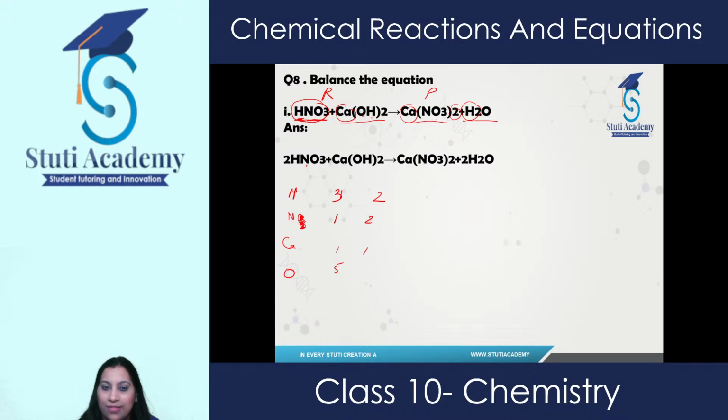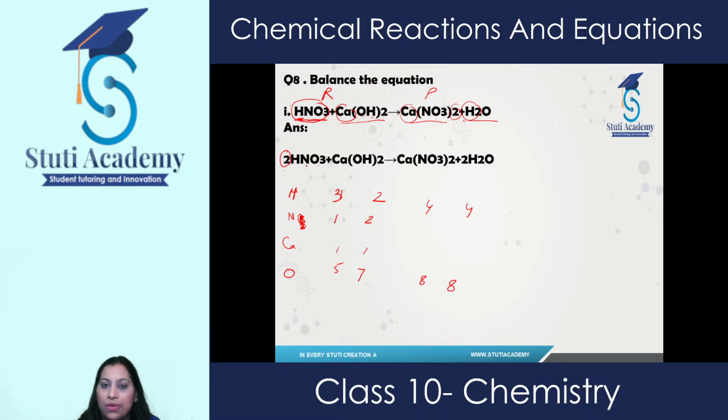Okay. So now how to balance it? If I write 2 here, it becomes 2 3s are 6, 7, 8. 3 2s are 6, 7, 8. So on both the sides, oxygen is 8, hydrogen 2 2s are 4, and here 2 2s are 4. It's also balanced. And then comes nitrogen.